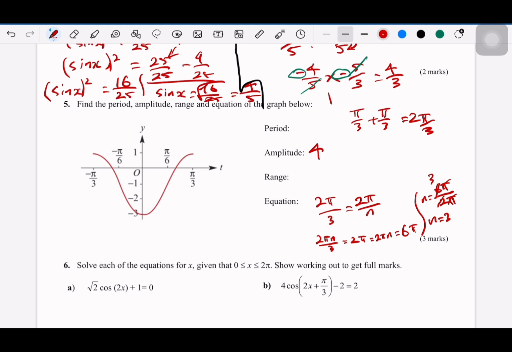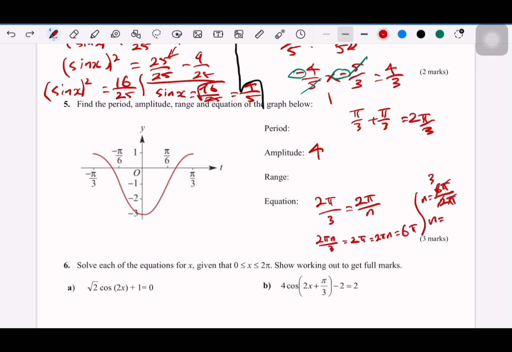Now, how do we tell what type of graph this is? So this is obviously a sine graph that's been translated left by pi over 3, and it's also been translated upwards by 1. And it's also been reflected. We're going to slowly fill in the information that we currently have.